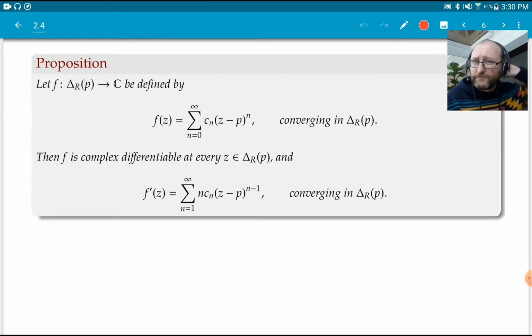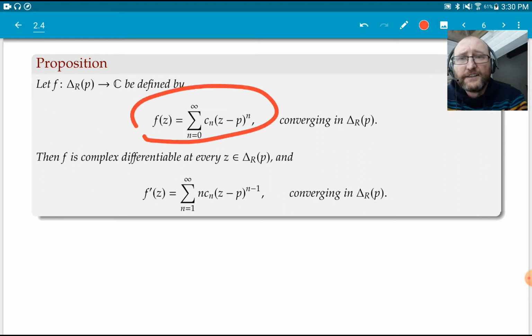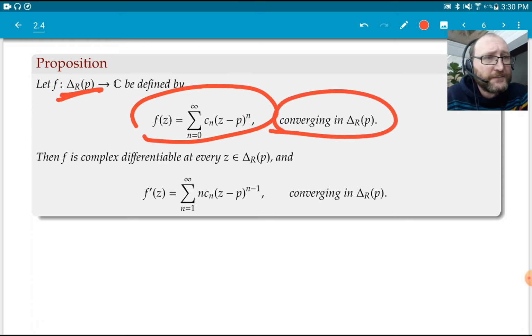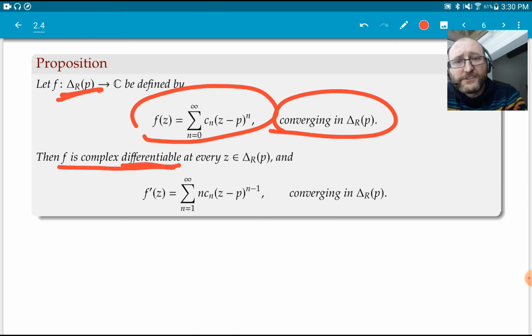All right. So this is the proposition about differentiating power series. If we have a power series defined in some disk, so really we mean it converges in this disk, then F is complex differentiable at every z.